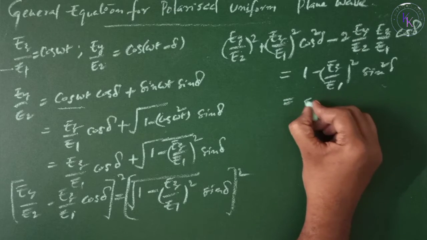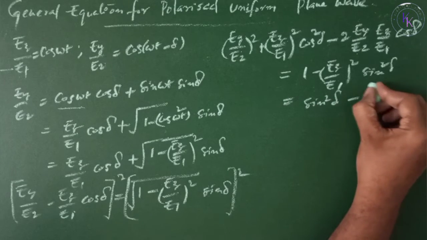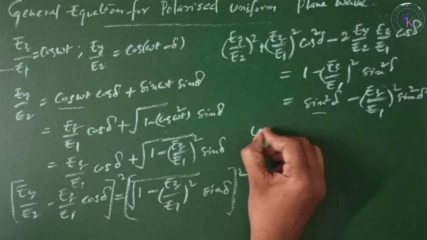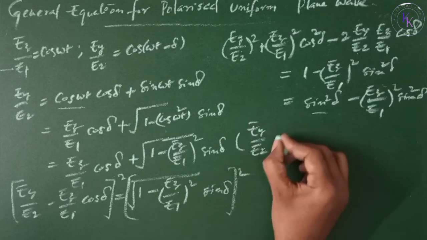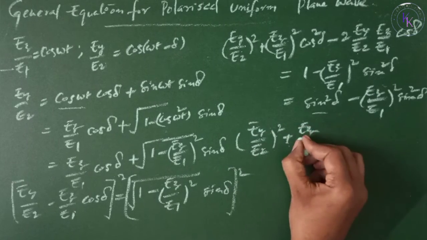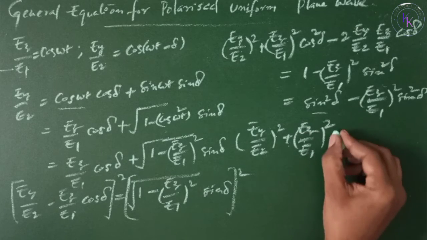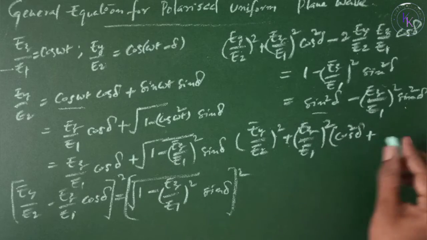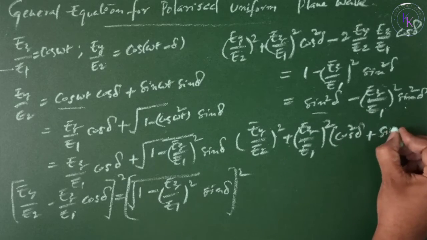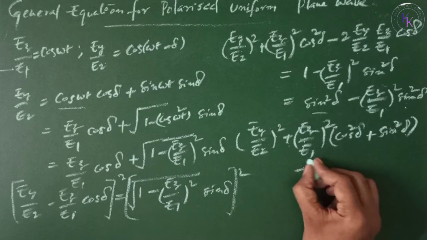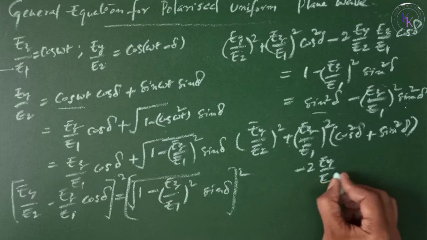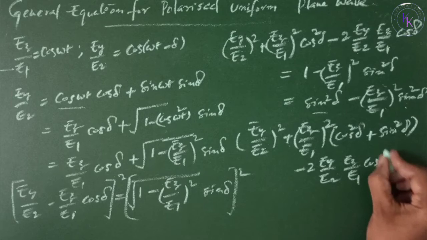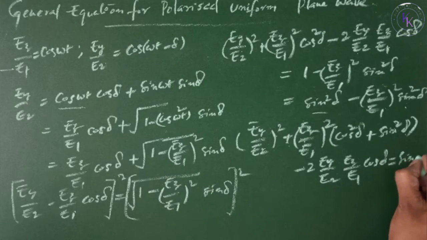Now multiply this: sin square delta minus (Ez by E1) whole square sin square delta. And you are going to get (Ey by E2) whole square plus (Ez by E1) whole square, the term is cos square delta, and this term, if you bring it to the left hand side, is the same term with sin square delta, minus 2 Ey by E2 Ez by E1 cos delta equals sin square delta.